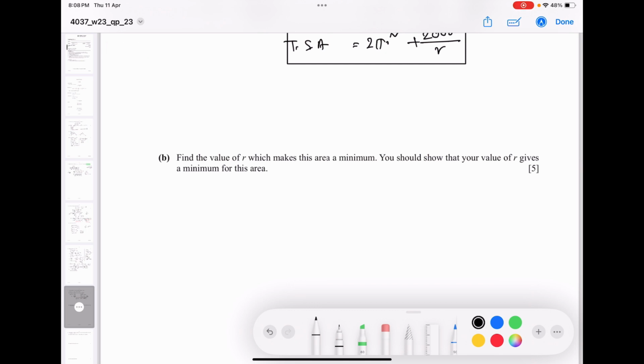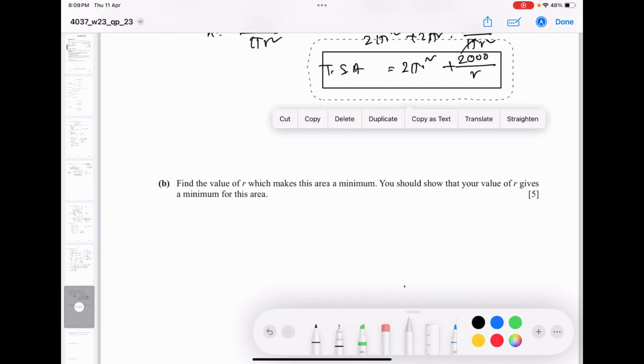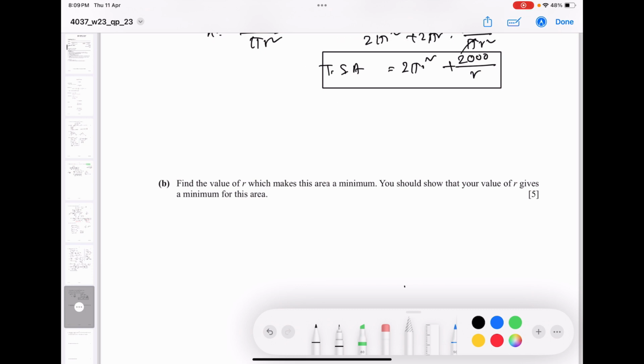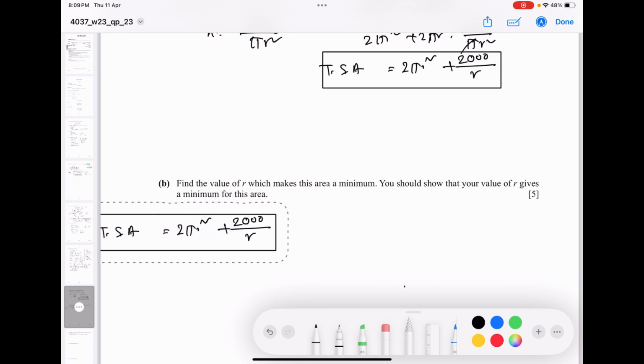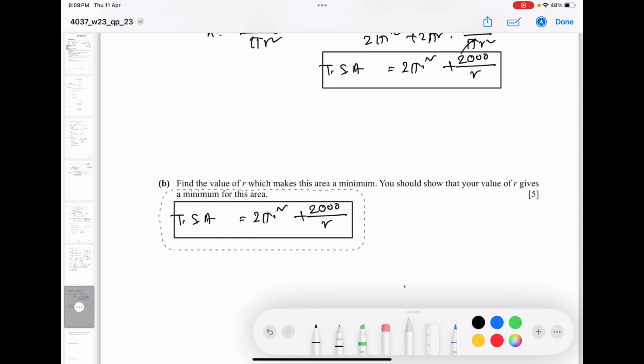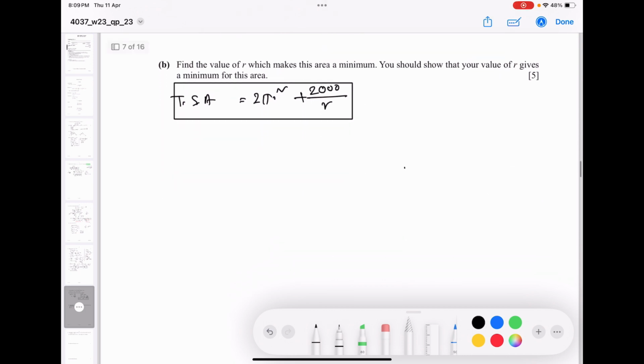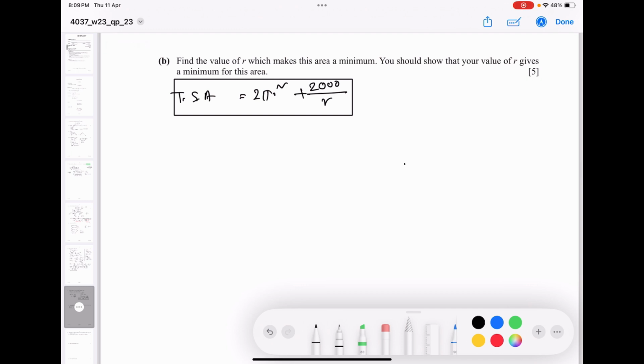Find the value of r which makes this area minimum.